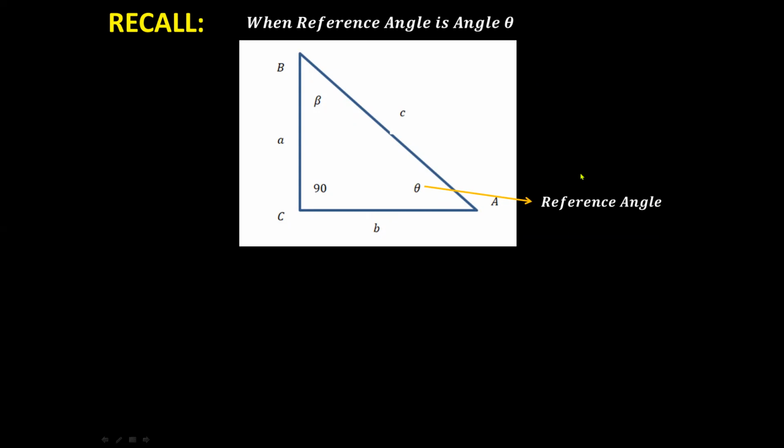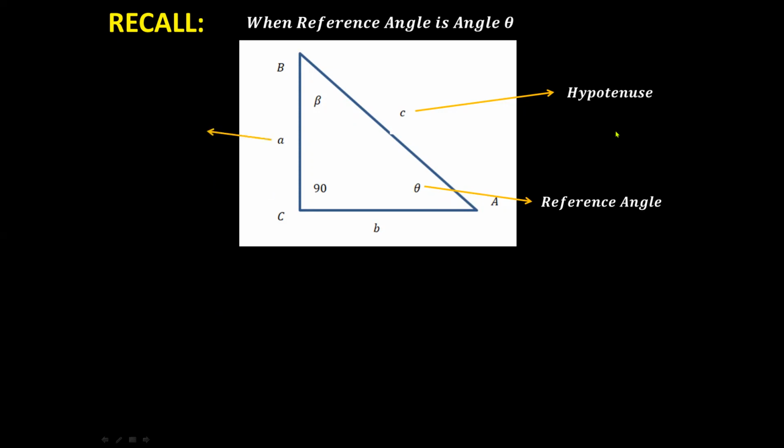Ang reference angle kasi ang makakatulong para ma-define natin ang bawat side ng right triangle kung ano ang function ng bawat side. Halimbawa, ang side C. Ano ba ang magiging function ng side C kapag ang reference angle natin is theta? Definitely side C is our hypotenuse.